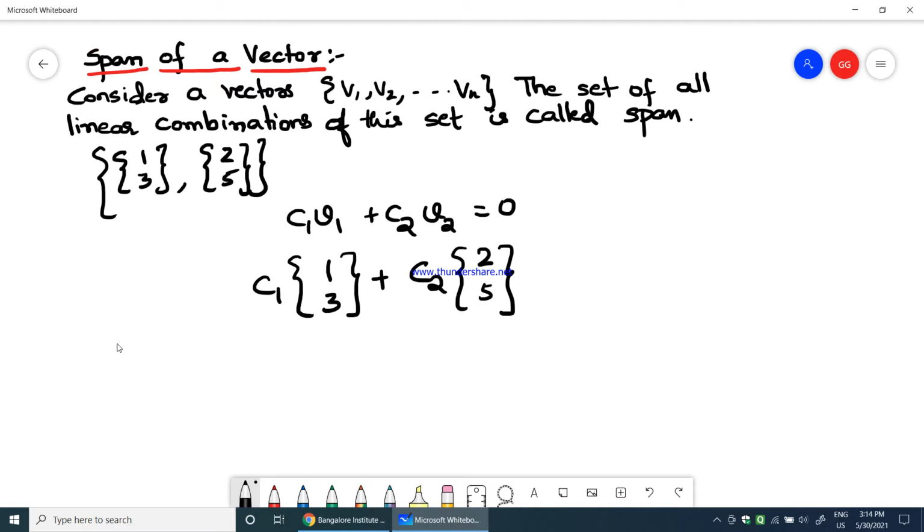For example, let me take c1 equal to 2 and c2 equal to 3.